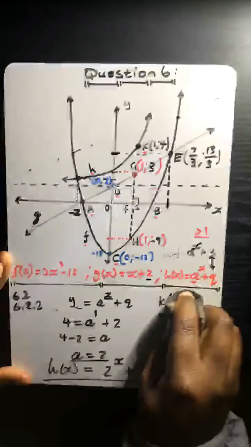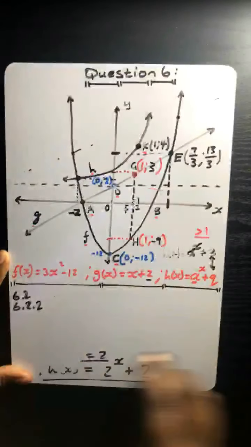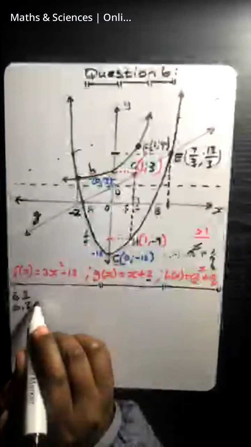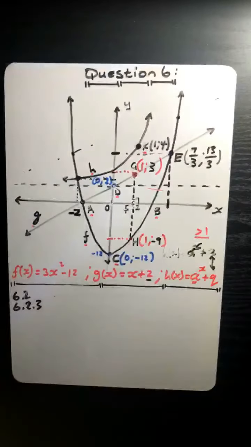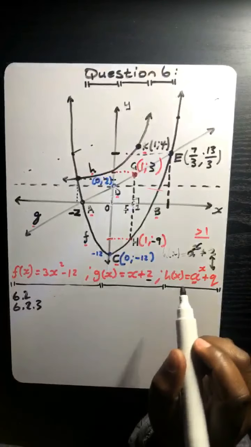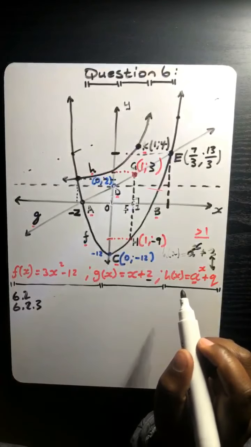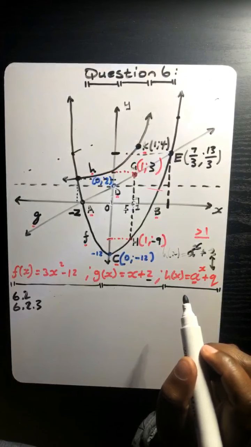100%. So now this question is an interesting one, guys. This is 6.2.3. So the question says, if K is the reflection of F about the x-axis.